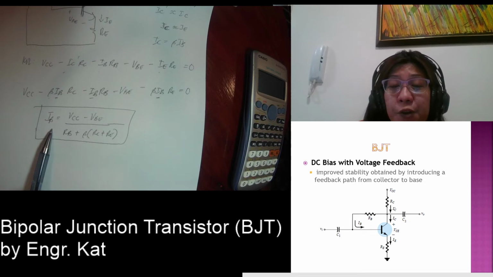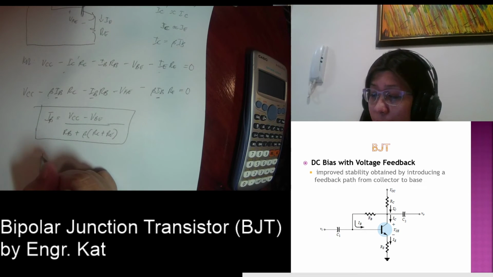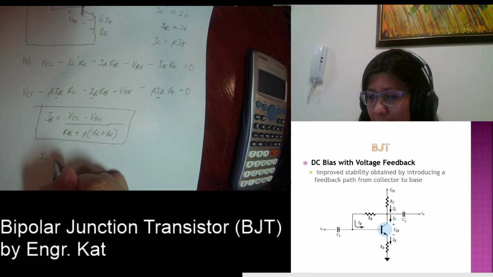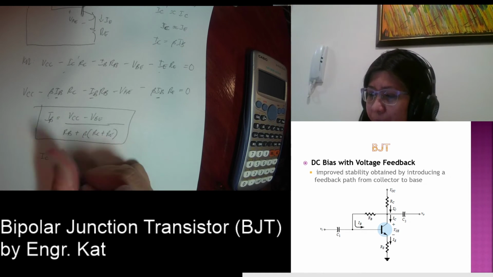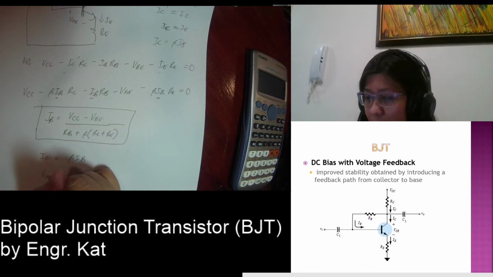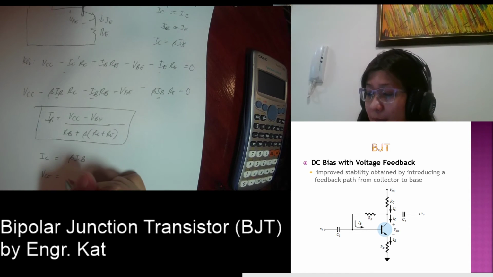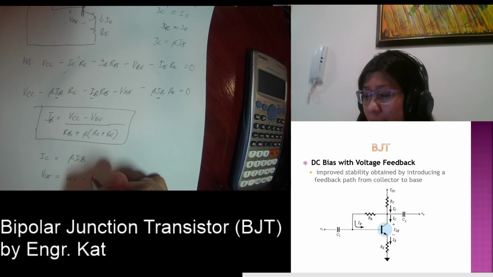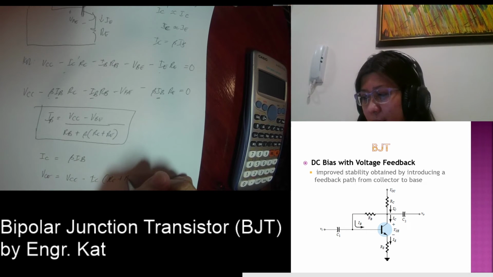So after solving for IB, what's next? We can solve for IC. So what is IC? IC is beta multiplied by IB. And then you can solve for VCE. So what is VCE? VCE is VCC minus IC times RC plus RE.